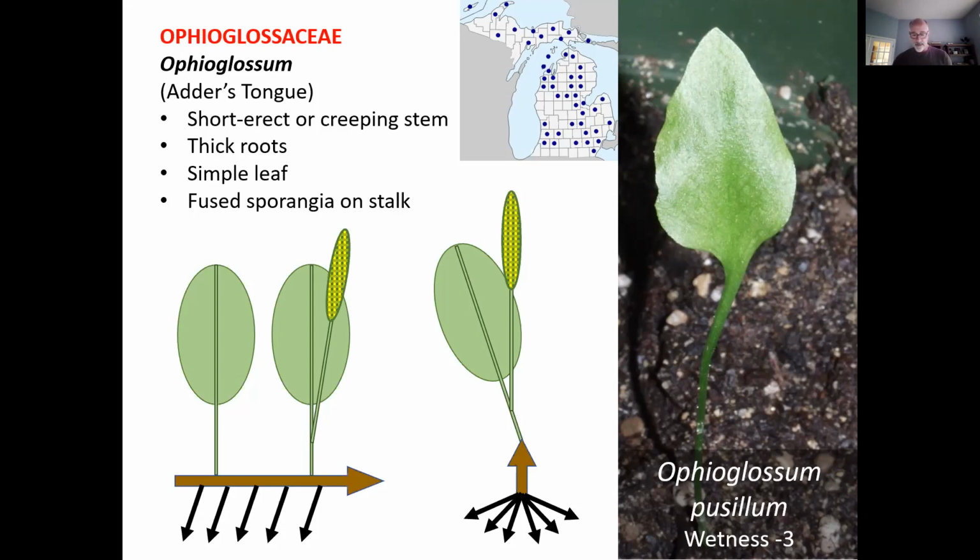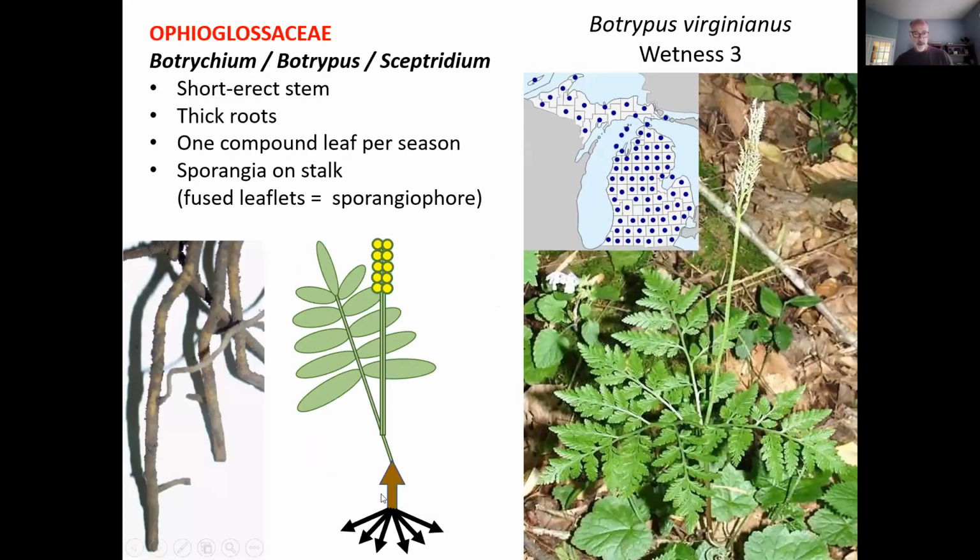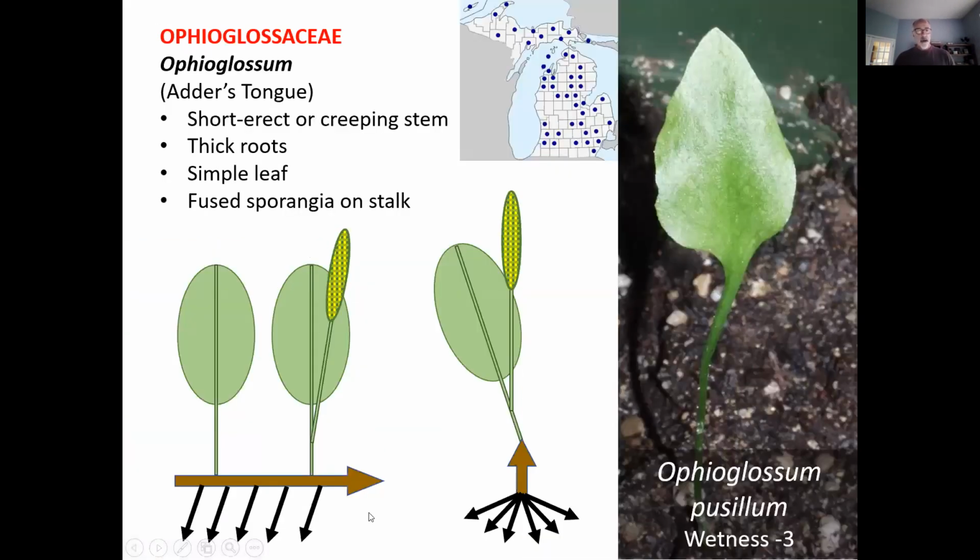Unlike Botrychium, where the stem is always erect with fat roots, Ophioglossum also makes these fat mycorrhizal-dependent roots, but some species have erect rhizomes, stems. Others have these wandering, laterally growing stems. So it can occur either way.